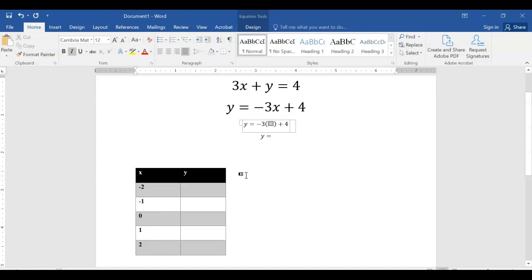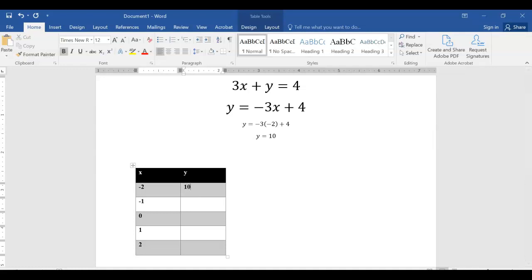You don't have to use those. I keep reiterating, but I'm going to use those just because they're nice and standard. If I plug in -2, be careful, negative times negative gives me a positive. You end up with y equals 10. So plug in -2, you get a y value of 10.